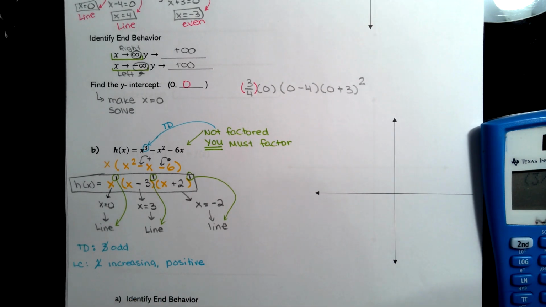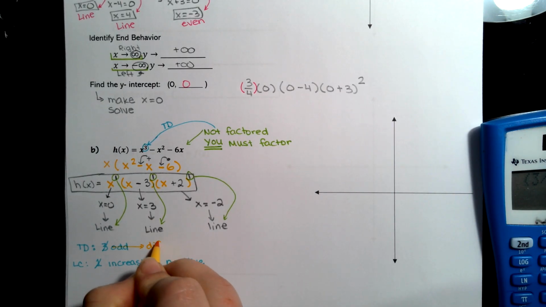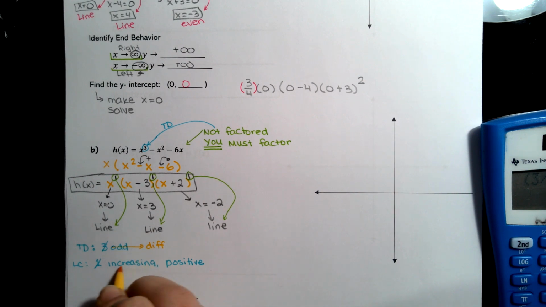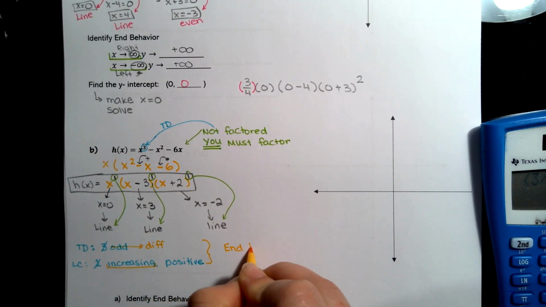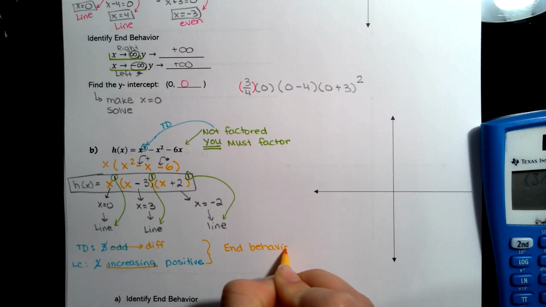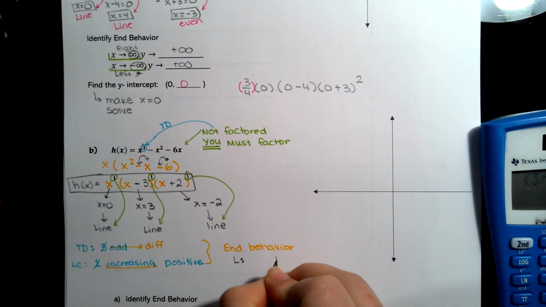Odd means your left-hand side and your right-hand side are going to be different. Positive means increasing. So, shorthand for our end behavior, left-hand side, right-hand side.